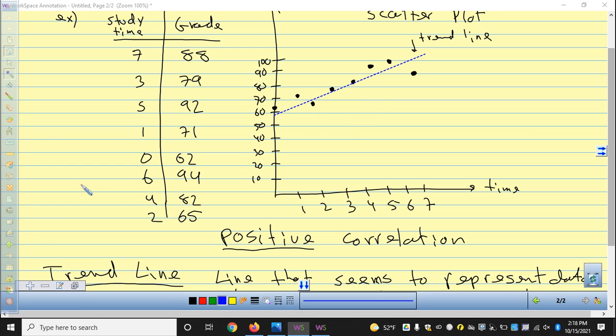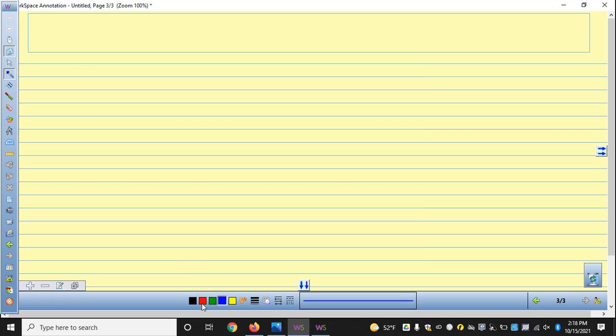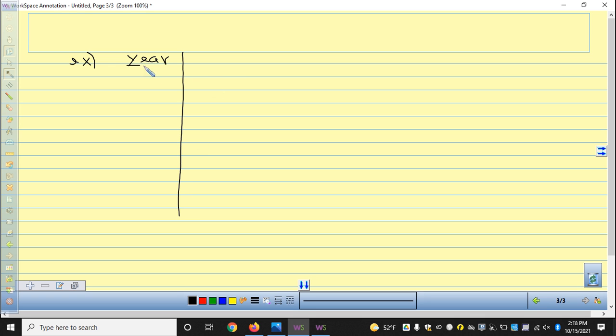So we're going to do something similar to this. So let's say we're doing some kind of study of the population of some animal in a habitat. And we're going to have the year into the study. So 1, 2, 3, 4, 5, 6, 7, and 8.